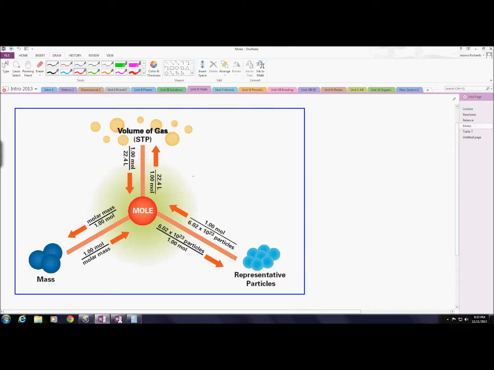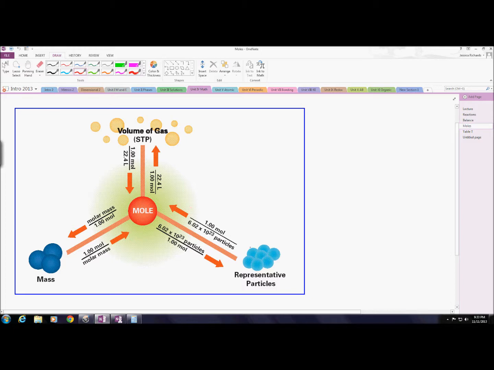There's a shortcut kind of way to memorize. I like to use the factor label, but we have this kind of mole triangle where we can go from one part to the next, always converting from moles. Whenever you're moving in, you're dividing by whatever the conversion factor is. Whenever you're moving out, you're multiplying by the conversion factor.